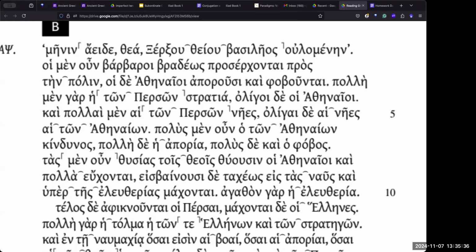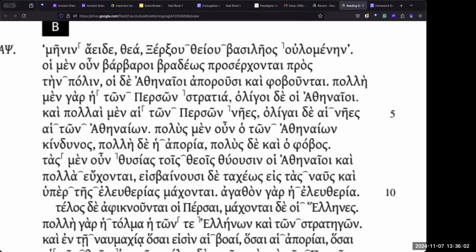Proserchontai, erchomai, right? So we're faced with proserchontai. We need to make that a past tense, an imperfect. So what do we do? In terms of the ending, we can start with the ending first, right? What are we going to do with the ending?